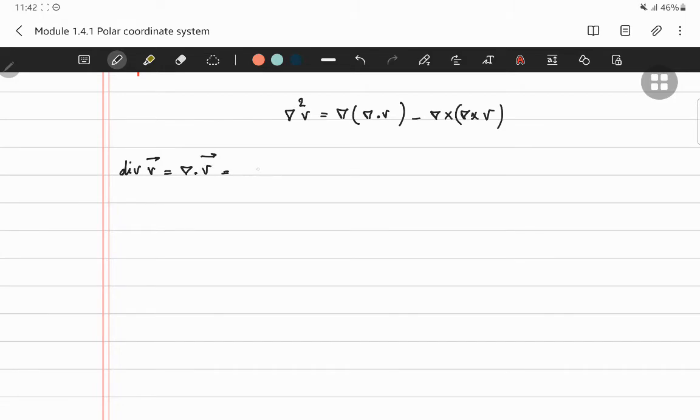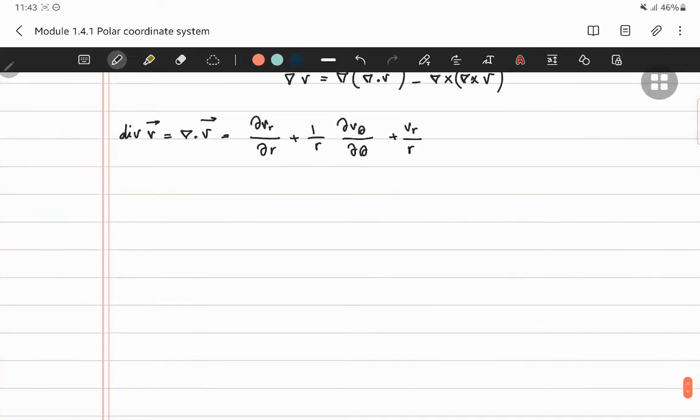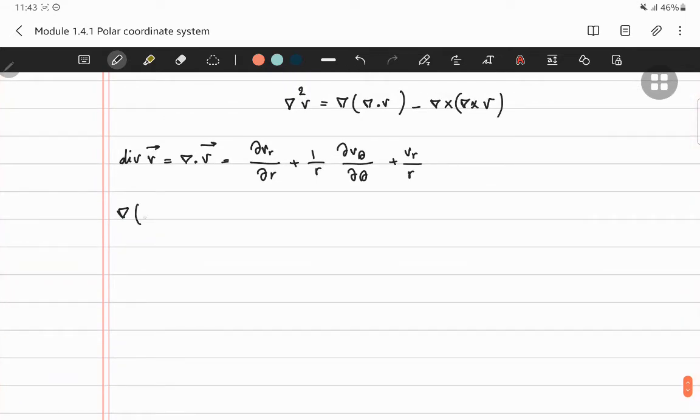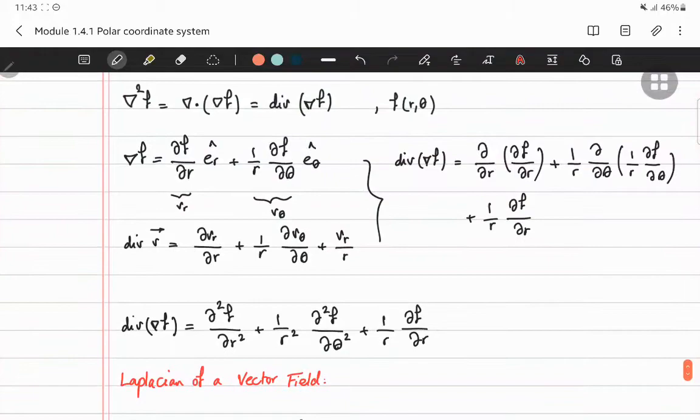This is equal to the partial derivative of v_r with respect to r plus 1 divided by r, partial derivative of v_theta with respect to theta, plus v_r divided by r. This is a scalar, right? And the gradient of this scalar field is basically, let us say that this is f.